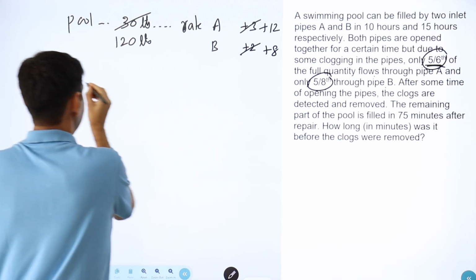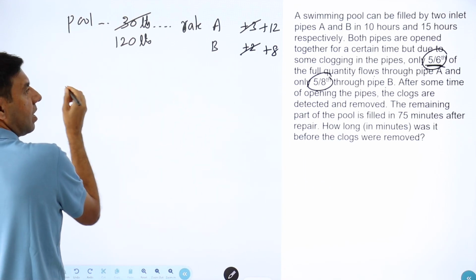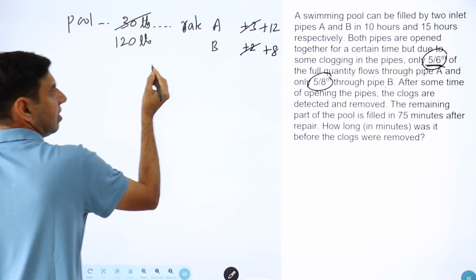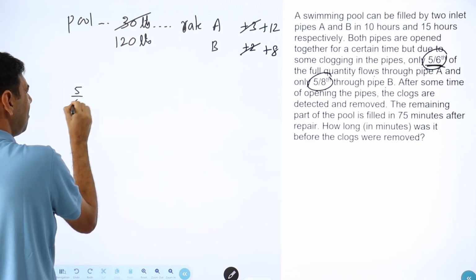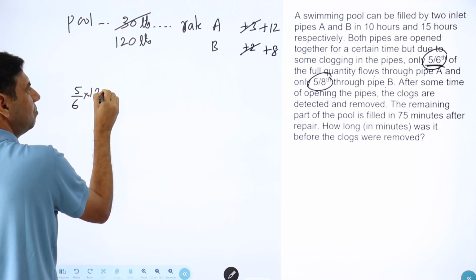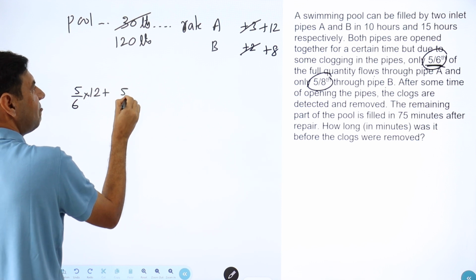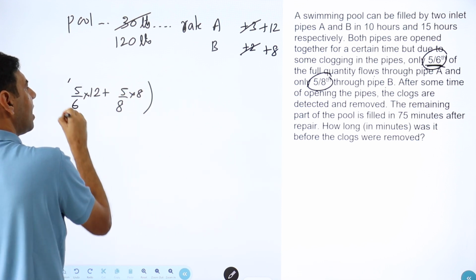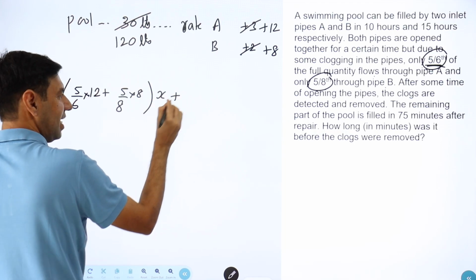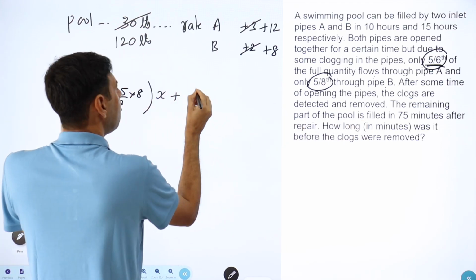So now go ahead and look. For some time, we do not know what time, the rate was not 12, but was only 5/6 of 12. Now you don't need to write all this. This is this plus 5/8 of 8. This was the rate for some time, plus after that it was full rate.